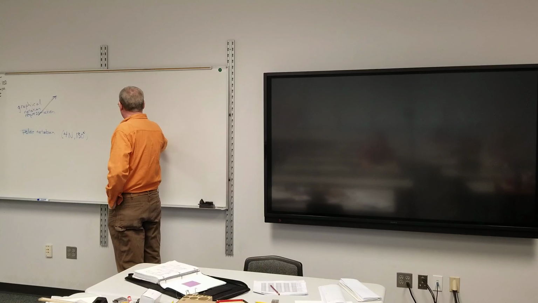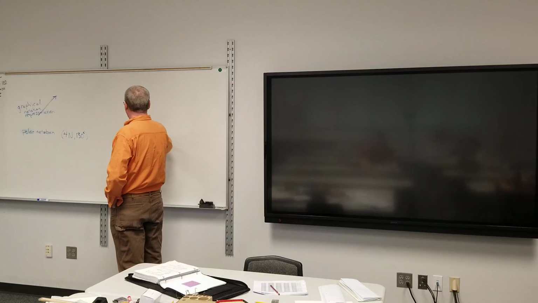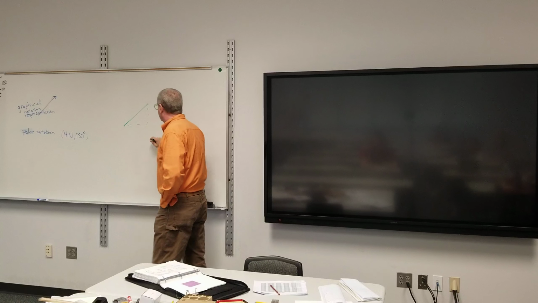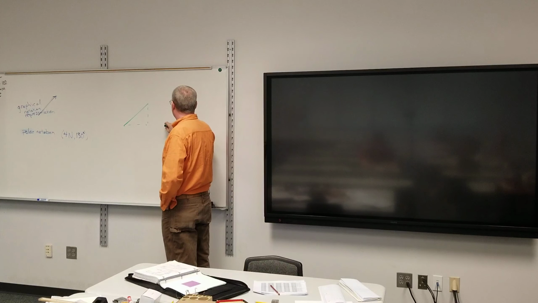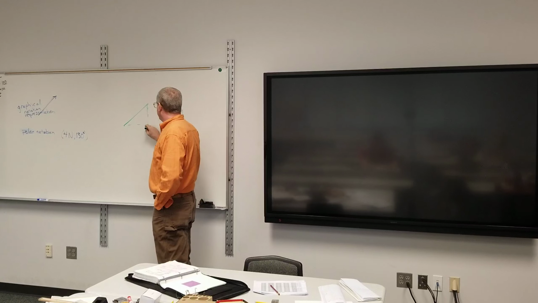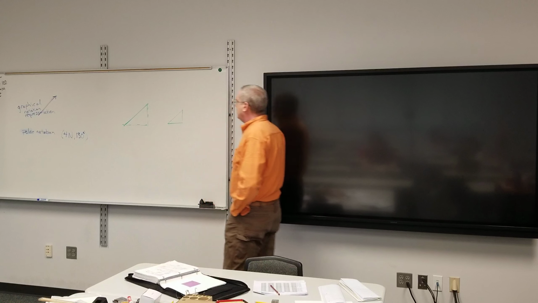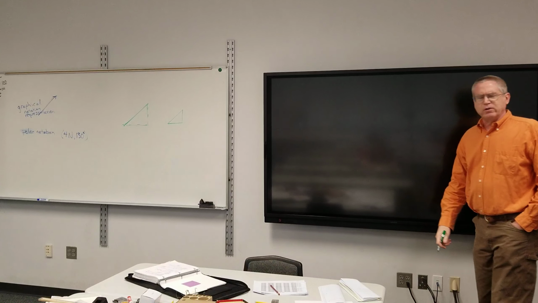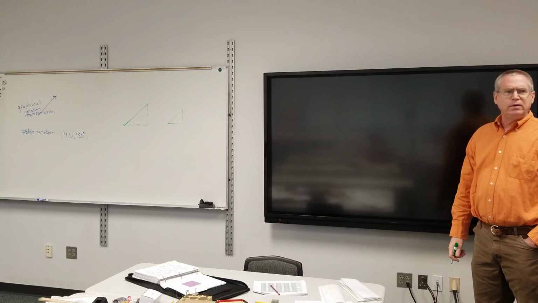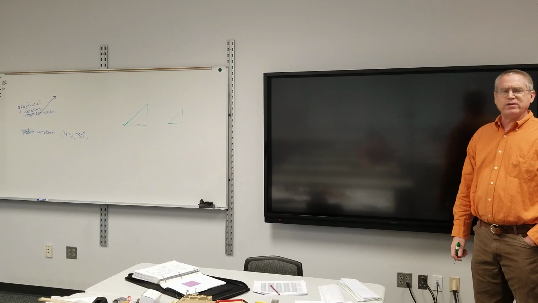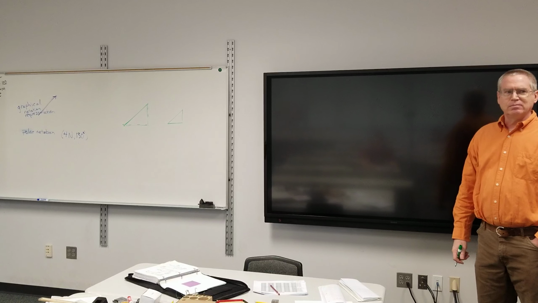The essence of trig, as I think most of you have seen, is that if I have similar triangles, and when I say similar triangles, what do I mean by that? They are not exactly the same, but they're probably a scale of each other. What has to be true for them to be similar? They have to have the same angles, not necessarily the same length of the sides.